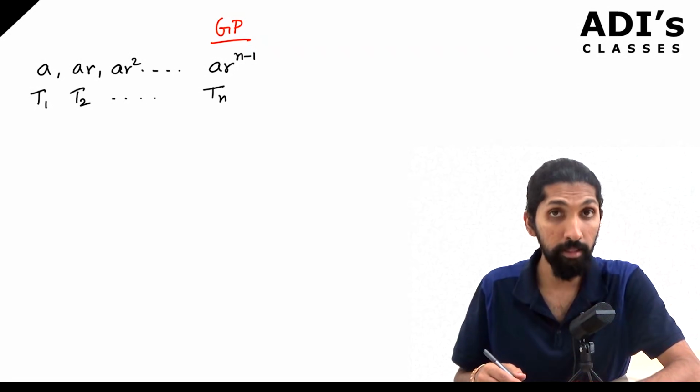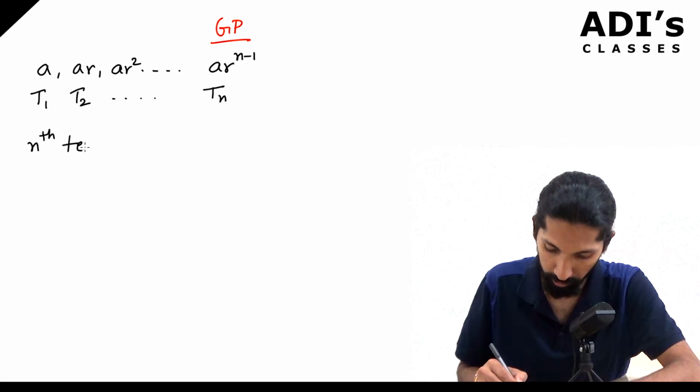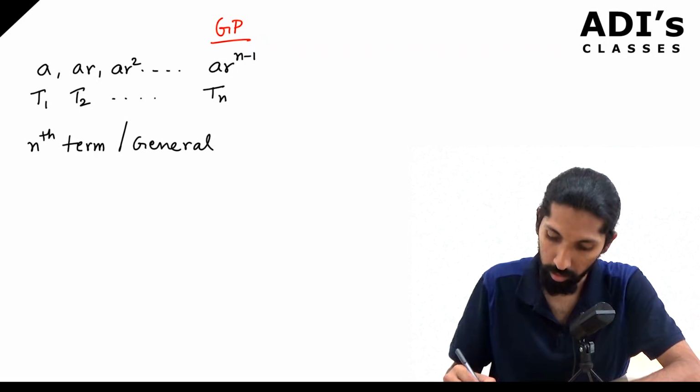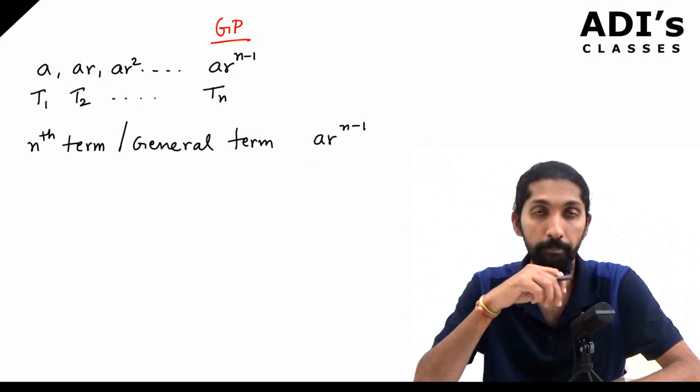Alright, so the nth term or general term of GP is ar to the power n minus 1.